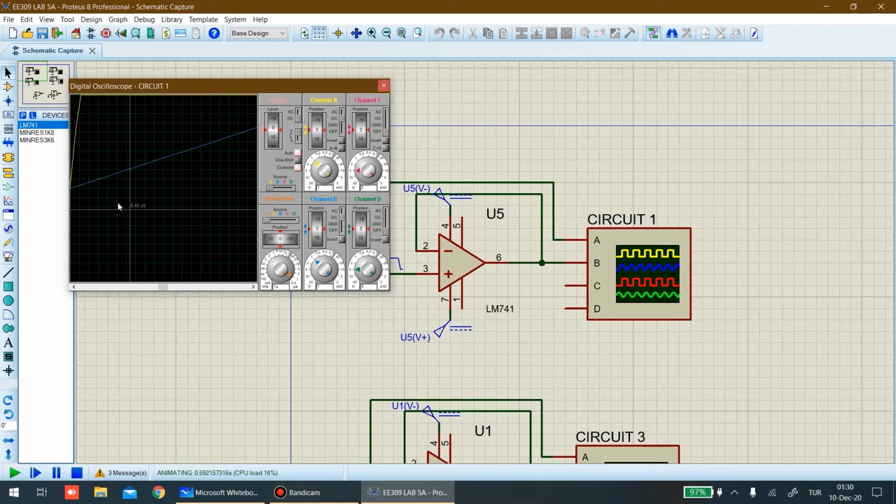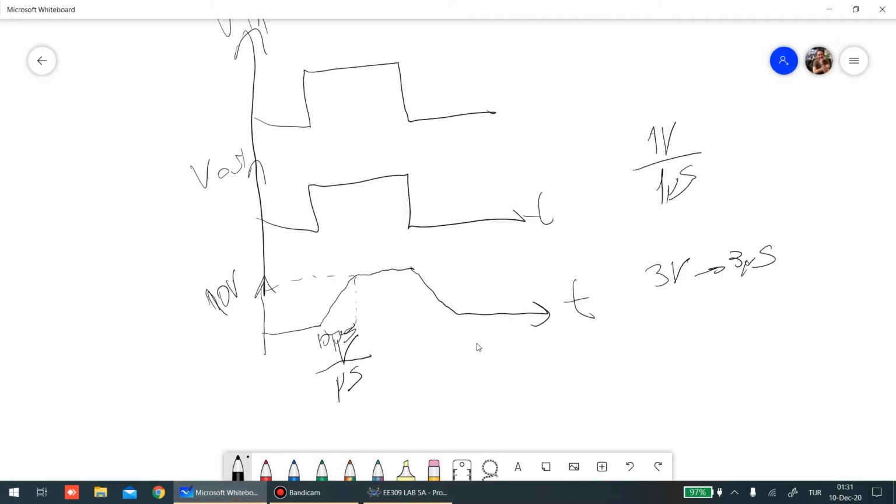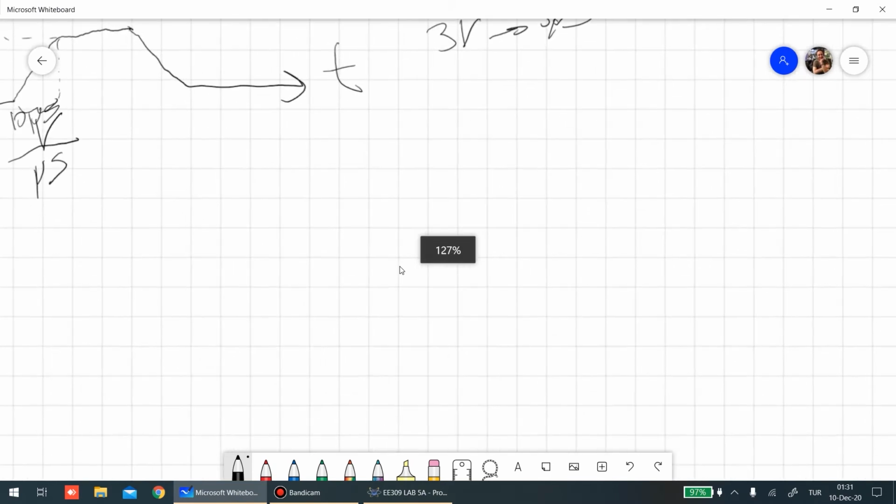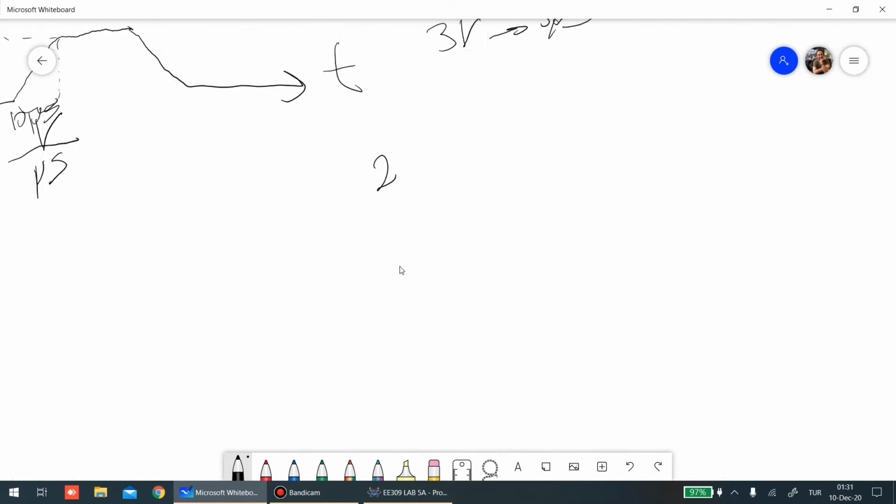So that means it will take 6 microseconds for the output of the op-amp to reach 2 volts, and it is 2 volts per 6 microseconds.